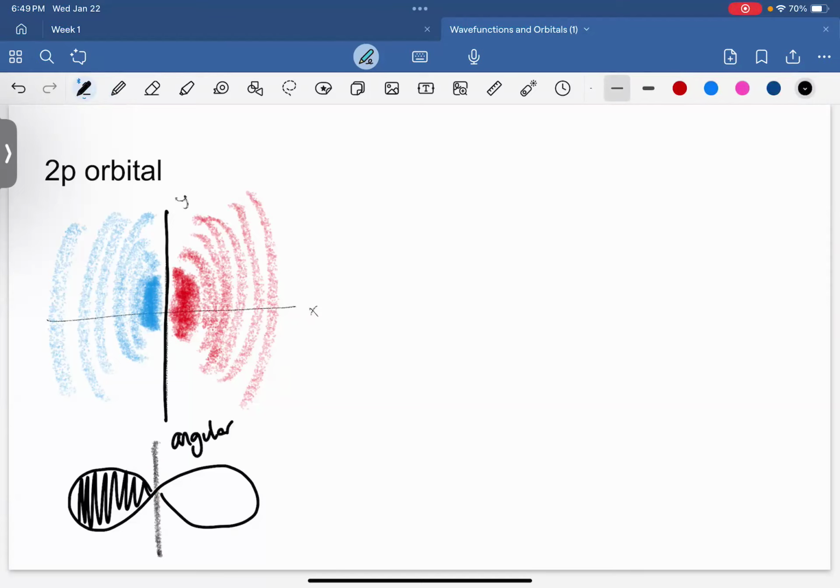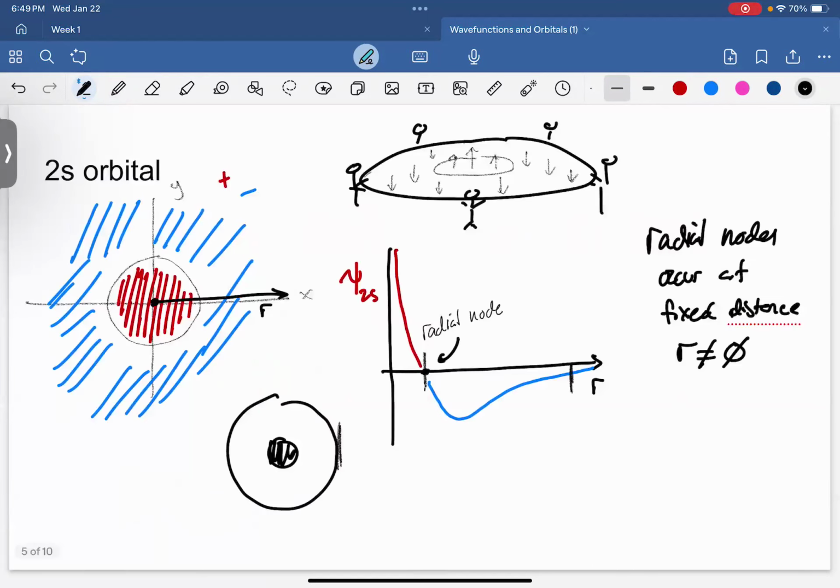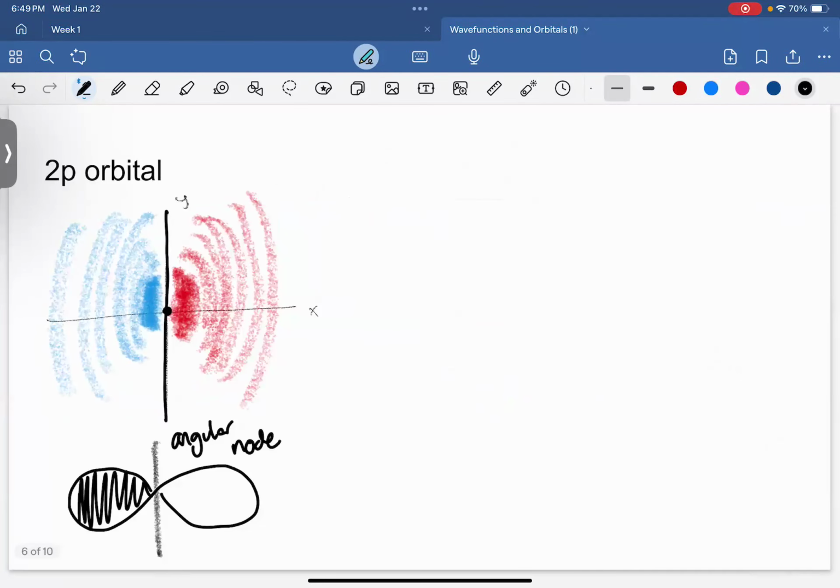So that angular node is what defines the shape of this orbital. What's different about an angular node is it passes through the nucleus of the atom. Remember, a radial node is at a fixed distance, r unequal to 0. And the angular node is not spherically symmetric.